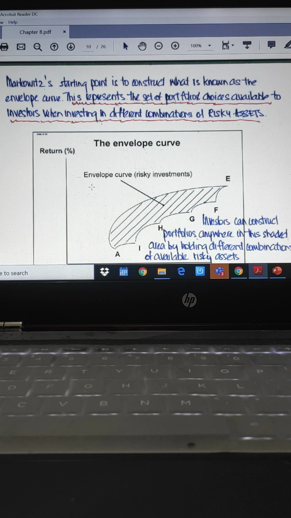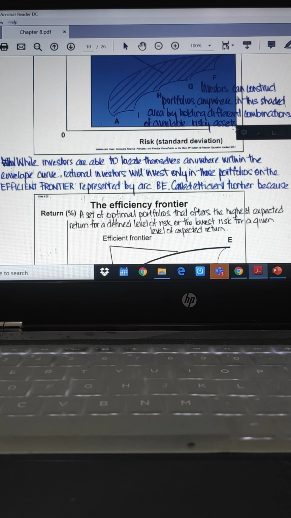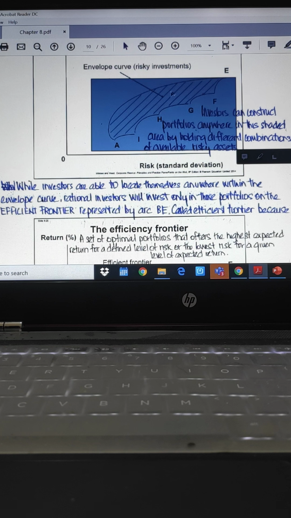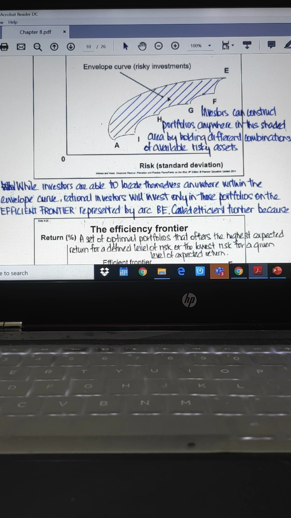The risky assets are in this shaded area here. Anything within the shaded area will be considered the risky assets. Investors can construct portfolios anywhere in this shaded area by holding different combinations of available risky assets.